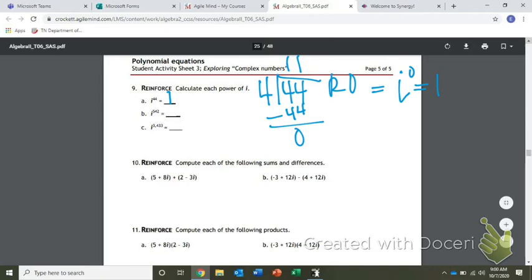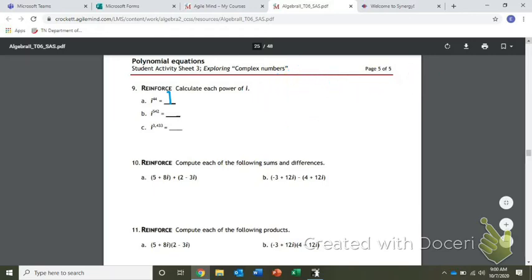Okay? Now, the second one. We have 542 divided by 4. How many times does 4 go into 5? 1. 1 times 4 is 4. 5 minus 4 is 1, I bring down the 4. 4 goes into 14 how many times? 3 times 4 is 12. I bring down the 2.